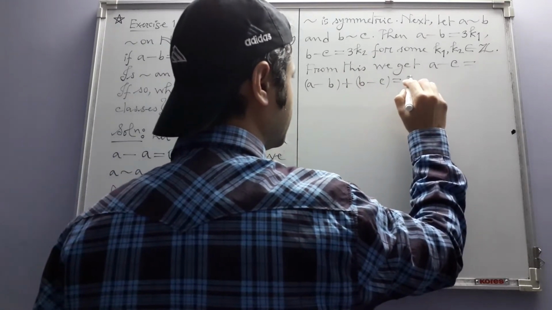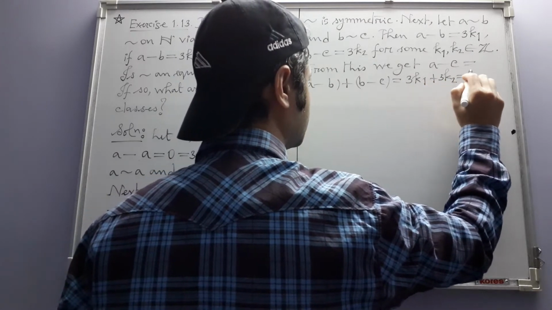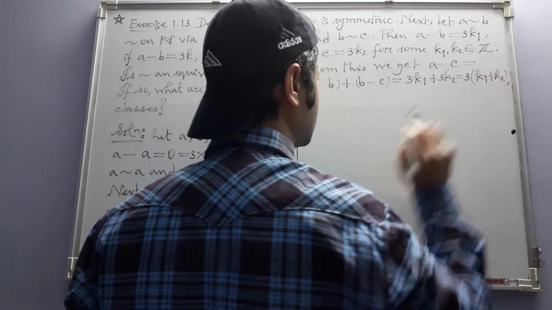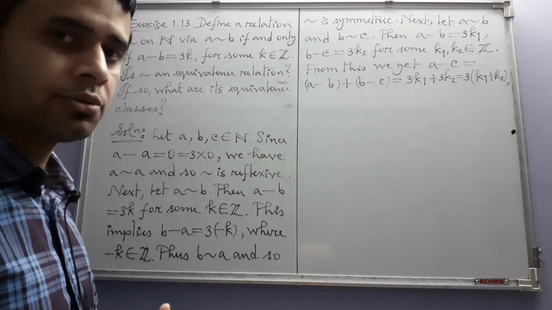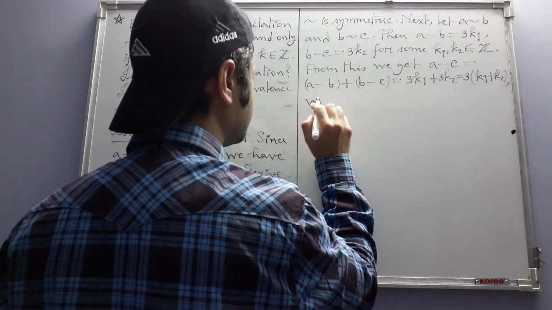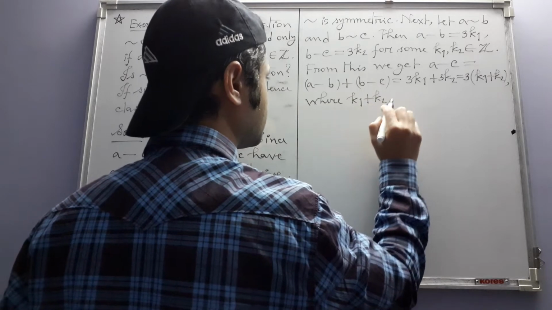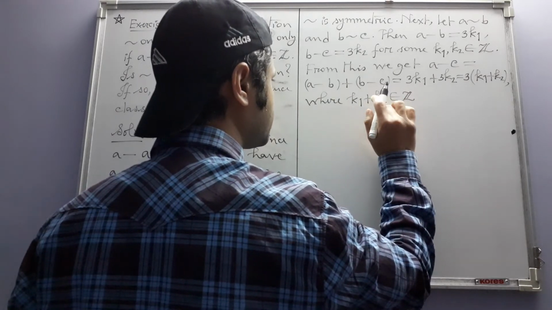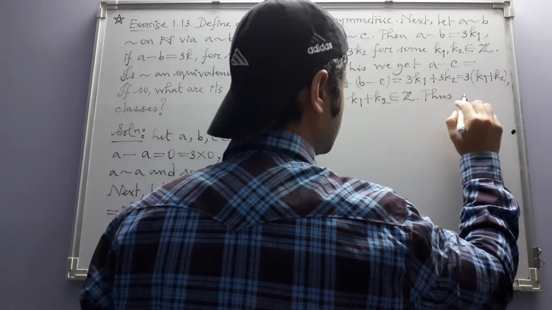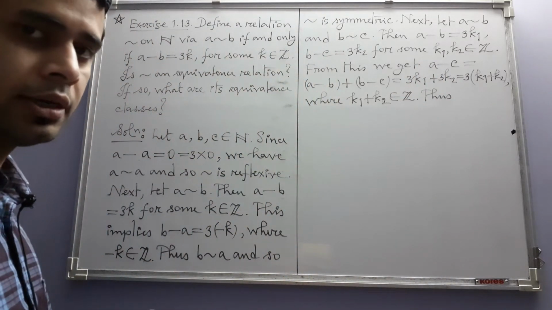A minus b is 3k1, b minus c is 3k2, so this is 3 times k1 plus k2. Now because k1 and k2 are both integers, k1 plus k2 is also an integer. Thus, we have shown that a minus c is also an integer multiple of 3.